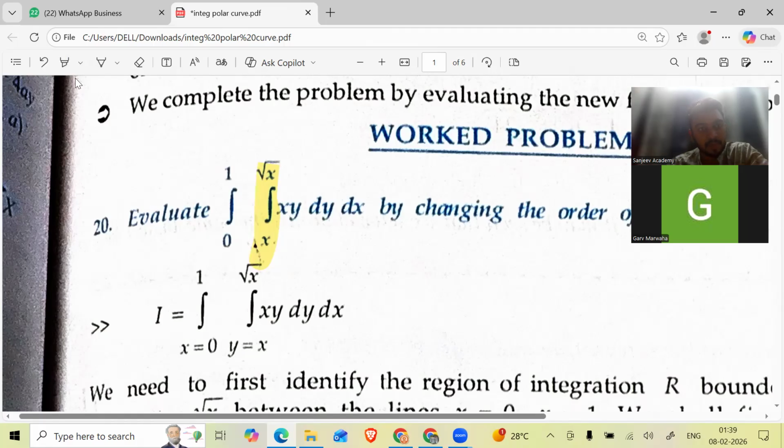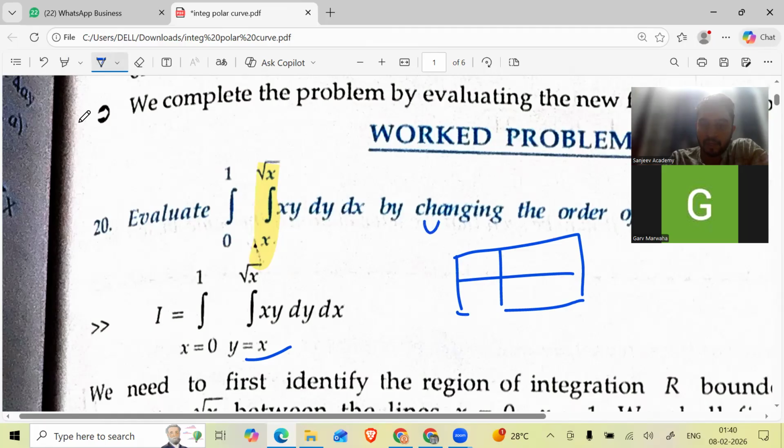Y is equal to x, meaning just like we do in our lower classes, fourth standard, fifth standard, we plot the graph, right? I'm talking about this y is equal to x. So write down y is equal to x. Then write down x value, y value. If x is equal to 0, what is y value? 0.